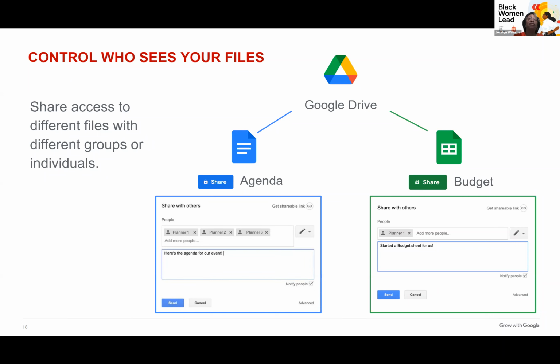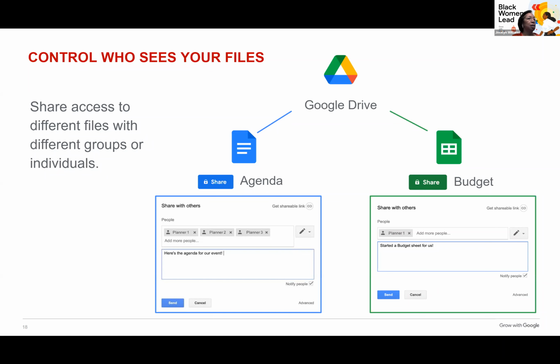Google provides a way for you to share access with certain individuals. So all of these individuals are part of the same group or planning committee, but the access is different here. So you can give different people different levels of access to a file.